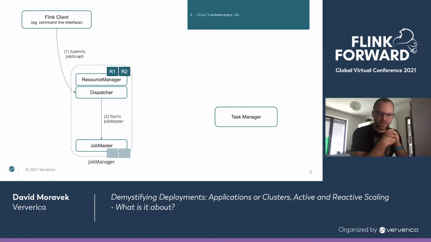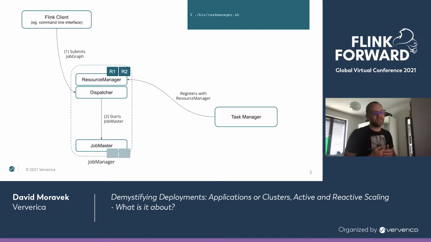Task Manager is a Flink component that is responsible for the workload execution, and by default, each Task Manager comes with a single slot. It then registers itself with the resource manager. It basically tells it, hi, I'm a task manager and I have a single slot.